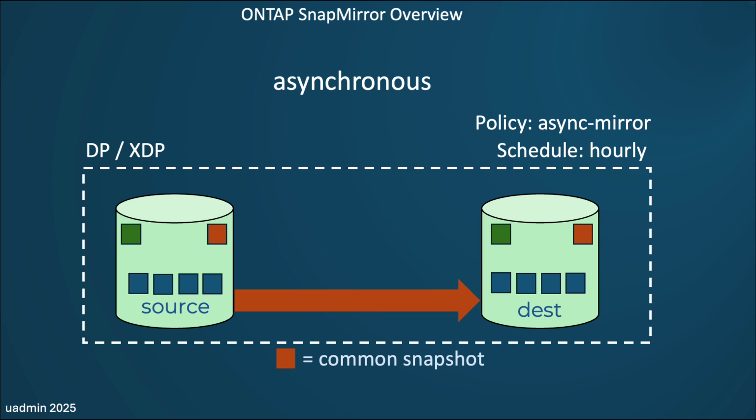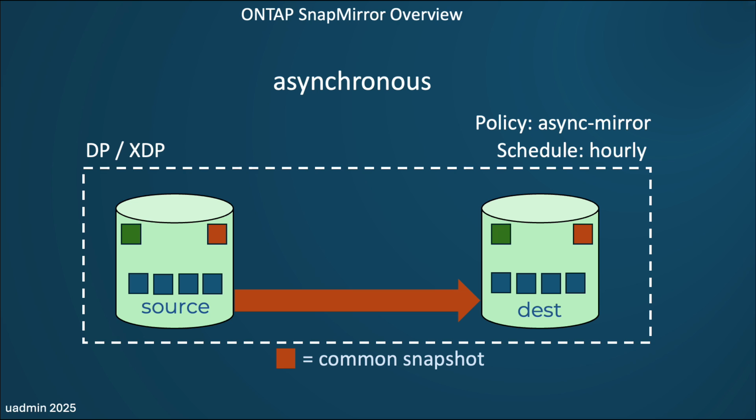Now, we had a look at synchronous versus asynchronous replication and DP versus XDP as the replication engines. Now let's start with the asynchronous type, and let's imagine you want to set up a relationship where the changed blocks from the source need to be replicated to the destination on an hourly basis. And also you will not need to keep multiple backup copies on the destination volume, so all you want to be able to do is to failover from the source site to the destination site when the source site fails.